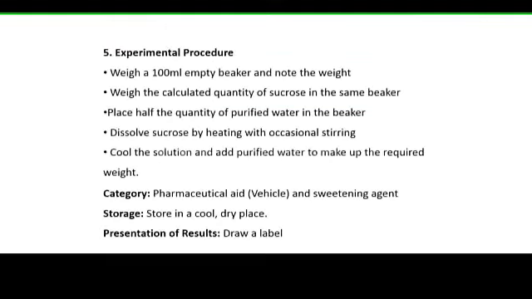Experimental procedure: weigh a 100 ml empty beaker and note the weight. Weigh the calculated quantity of sucrose in the same beaker. Place half the quantity of purified water in the beaker. Dissolve sucrose by heating with occasional stirring. Cool the solution and add purified water to make up the required weight.